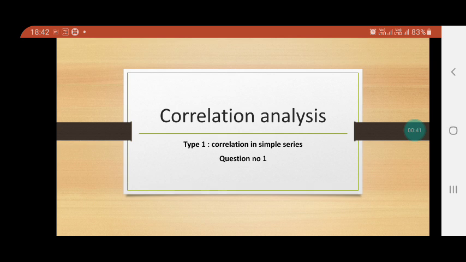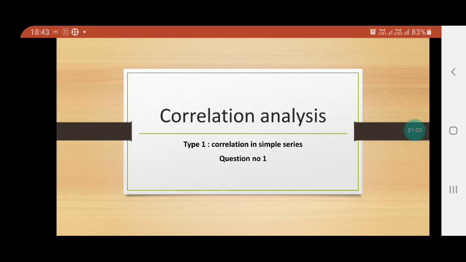In the last but one lecture we saw the formulas to calculate the Karl Pearson's coefficient of correlation and the implication of that formula. In today's lecture we are going to study the numerical problems of correlation analysis.